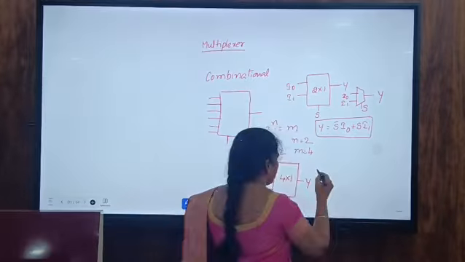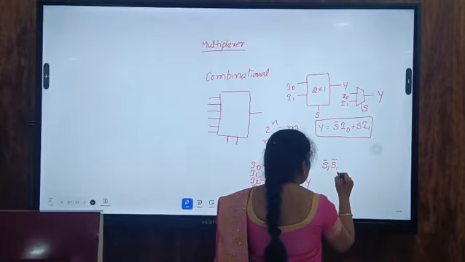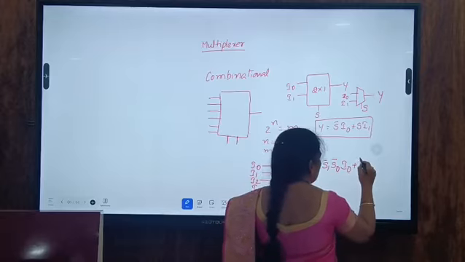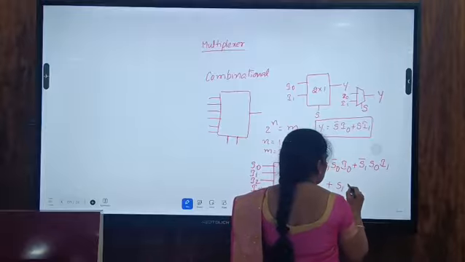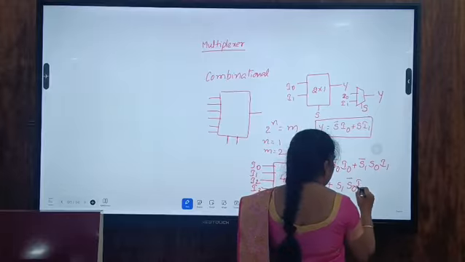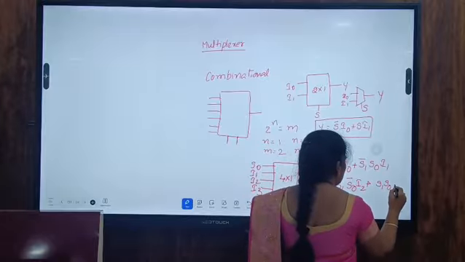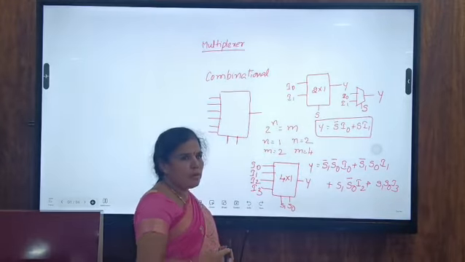This can be written as S1 bar S0 bar into I0 plus S1 bar S0 into I1 plus S1 S0 bar into I2 plus, and the next one is S1 S0 into I3. So this is the expression for the 4 by 1 mux.